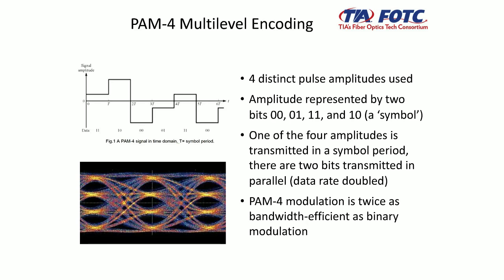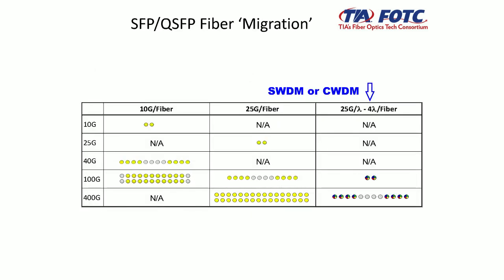Multi-level encoding, basically a way to, instead of having non-return to zero, 0, 1, break that up into 4 levels and generate 4 combinations of words. Instead of 0, 1, I've got 0 0, 0 1, 1 1, and 1 0. These are symbols. So I can embed twice the information in a single clock cycle. Another tool.